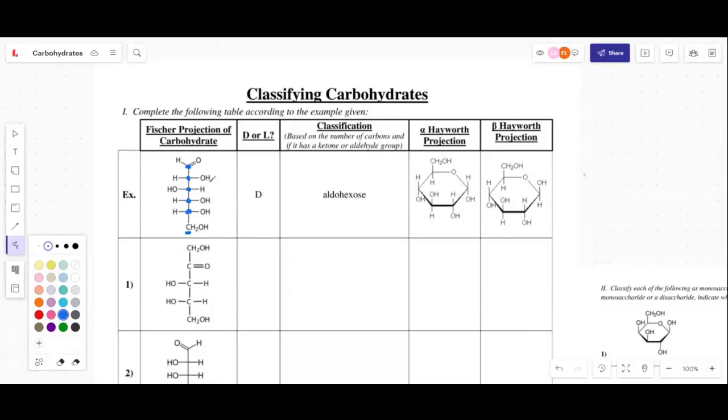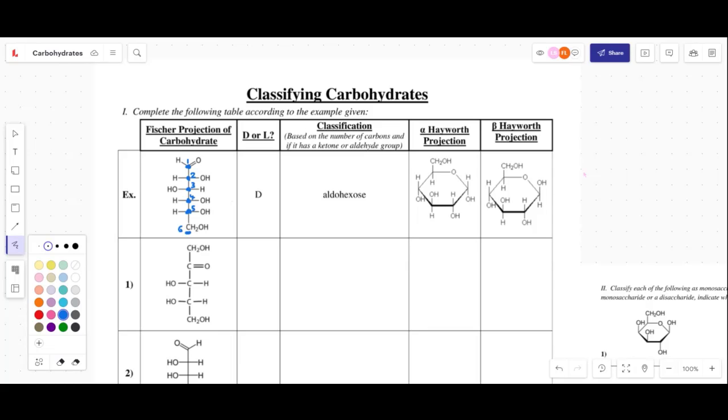I'm going to start numbering from the side closest to the double bond O, otherwise known as the carbonyl. So this will be carbon number 1, 2, 3, 4, 5, and 6.